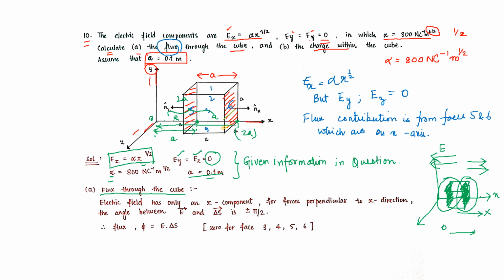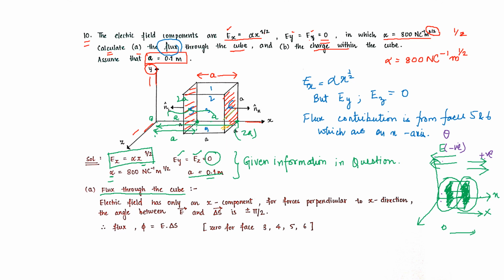With respect to positive, these have a positive value, and with respect to this they have a negative value. Why am I defining these two directions of the field lines? Because we need to find the theta.